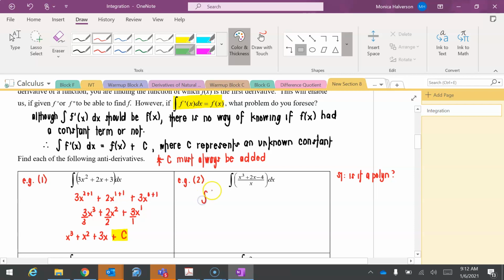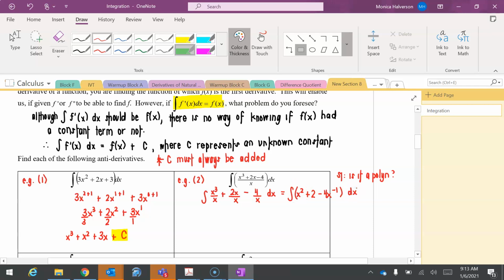So we have to convert it to a polynomial. Now in this case, we can do so by separating each term in the numerator over the denominator. And we end up getting the antiderivative of x squared plus 2 minus 4x to the negative 1 dx.